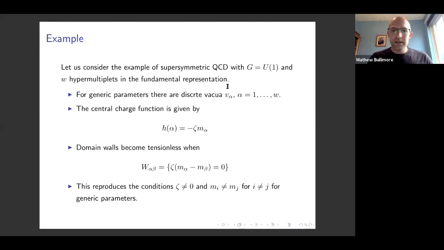We've already seen that for generic values of the parameters, there are W isolated vacua. We found out what they are.